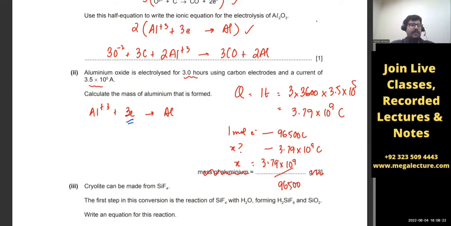So how many moles of electrons? क्या बने, स्पीड में करो जरा, जल्दी बताओ. Alicia, Abia, Anna.